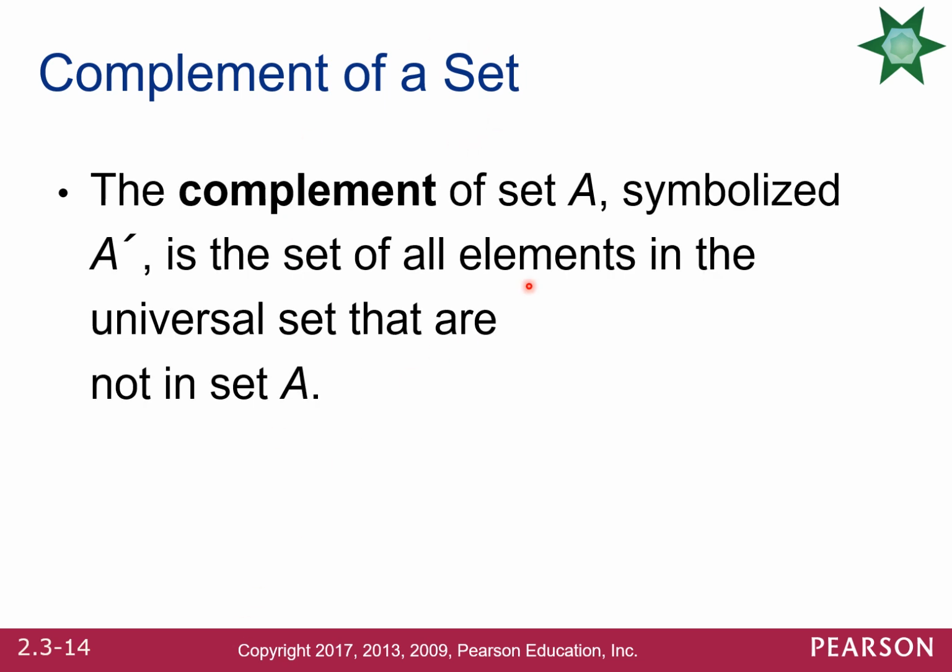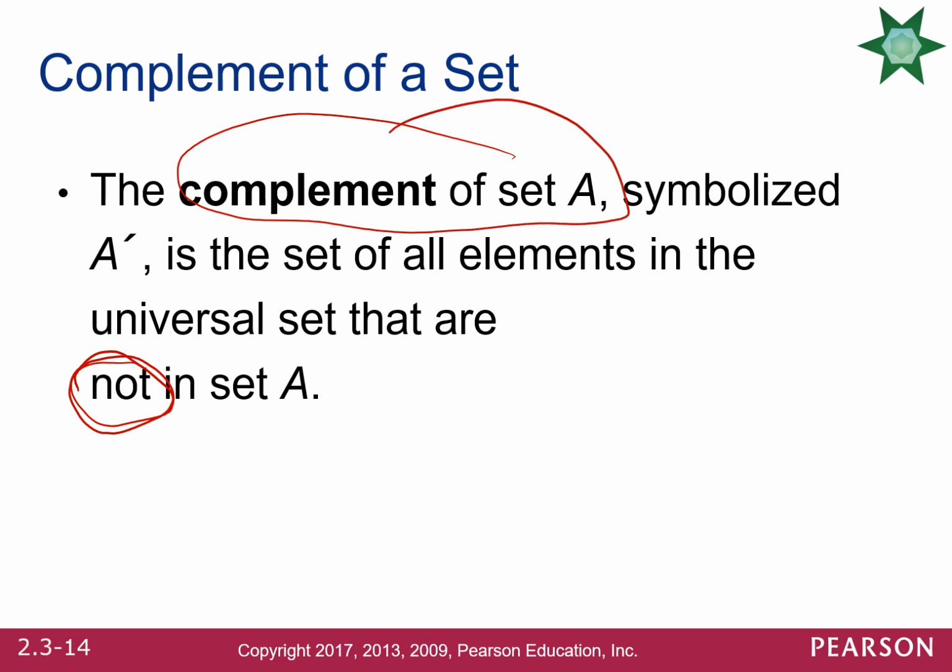The complement of a set, symbolized by A dash, so we use A with a dash on the right hand side of it, is the set of all elements in the universal set that are not in set A, and that's the key word here, that are not in set A. So the elements which do not belong to set A but are in the universe of values, that would be the complement of set A.